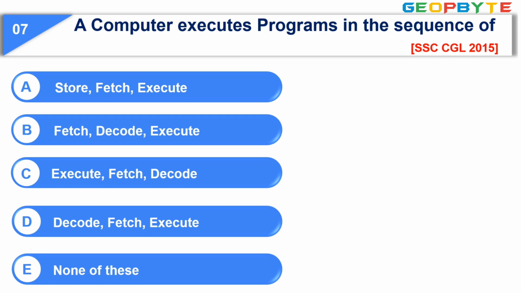Option E, none of these. And the correct answer is option B, fetch, decode, and execute. First, we need to search the programs in memory. After searching, we need to decode the programs. After decoding, we need to execute the programs. So, a computer executes programs in the sequence of fetch, decode, and execute.